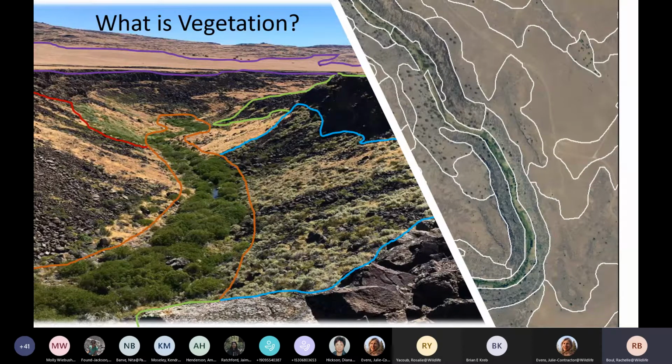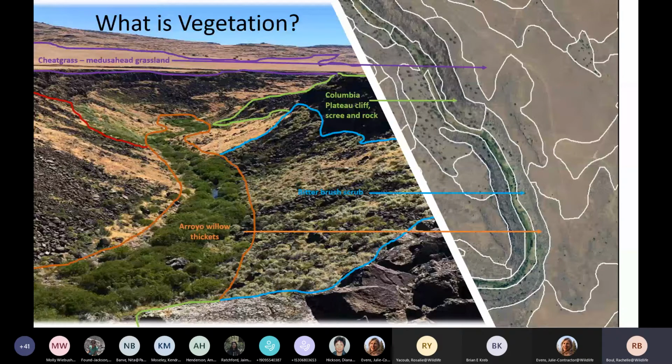So what we're doing here is sampling these communities over and over again so that we can then name them and define them. And once we have clear definitions of the vegetation community or vegetation types, a map can be made, like shown on the right, that can be used. It's made in ArcGIS using aerial imagery, where the mappers will correlate what is being seen on the ground to what is seen in the imagery.